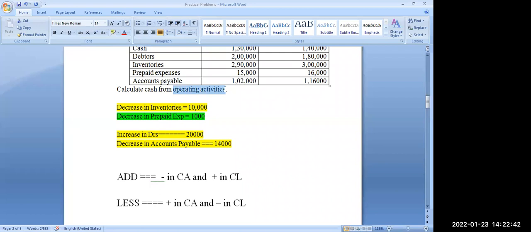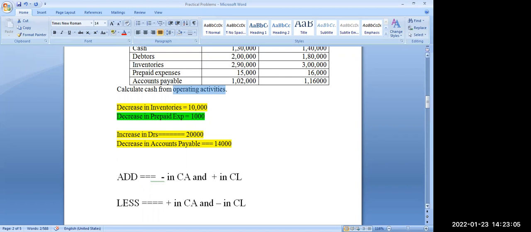Why? Adding, if there is any reduction in current asset, because reduction means you are getting money. Any asset reducing means we are selling it and getting money. That is why we are adding. If current liability is increasing, what is current liability? Any money you are receiving from the current liabilities.